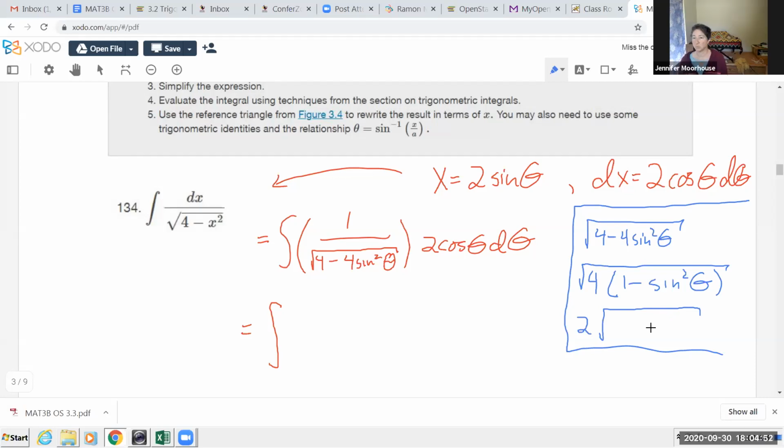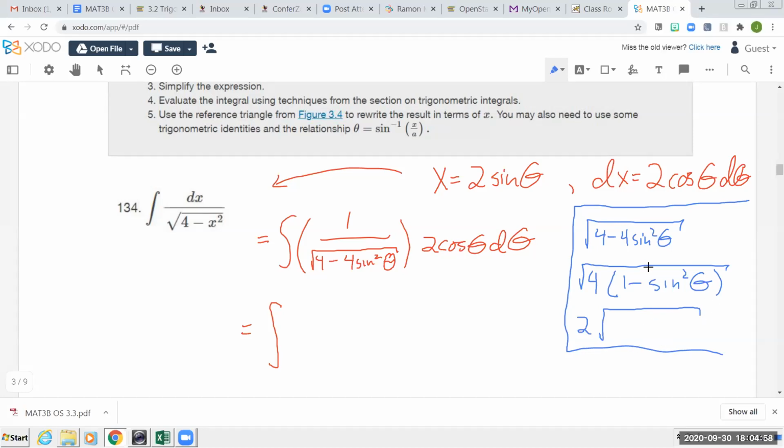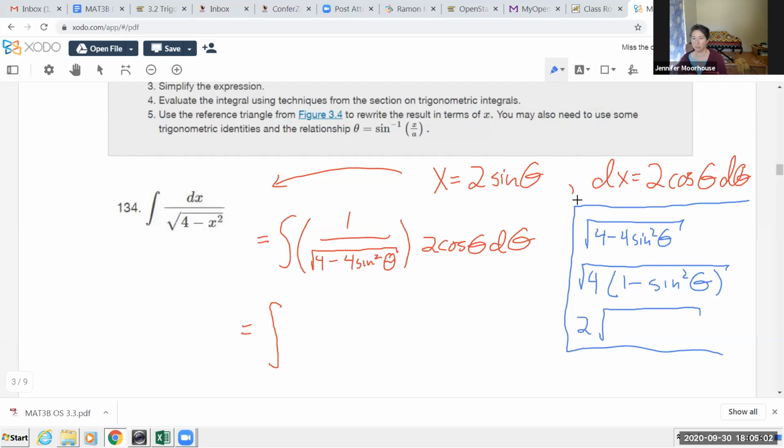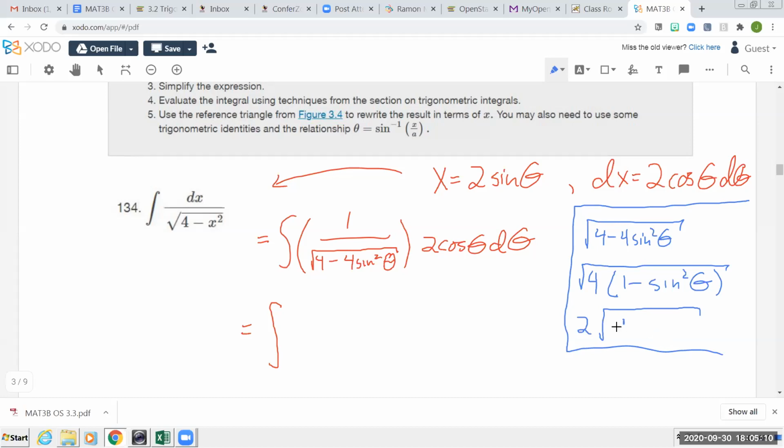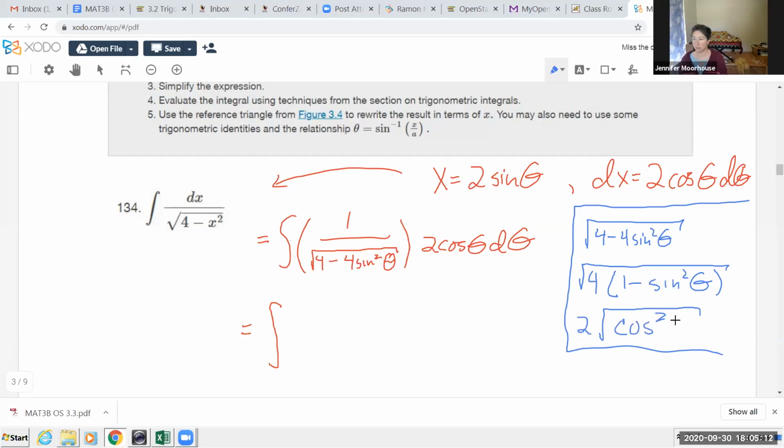And this is really the whole point of why we make the particular substitution that we chose for x. Will that become cosine theta? Exactly. Cosine squared, but it's under a square root, so that becomes a cosine.